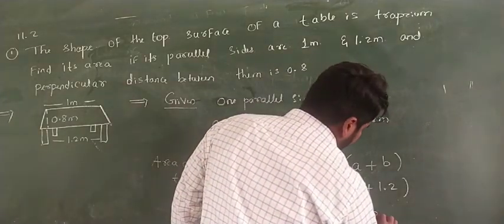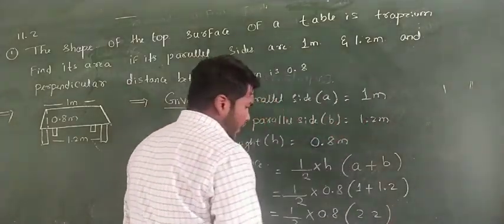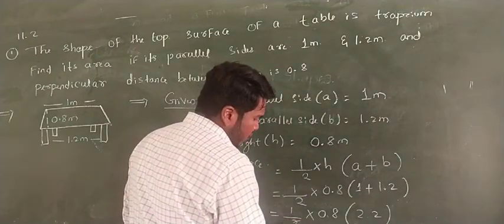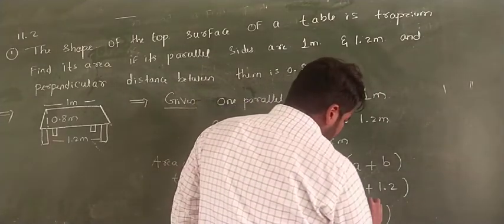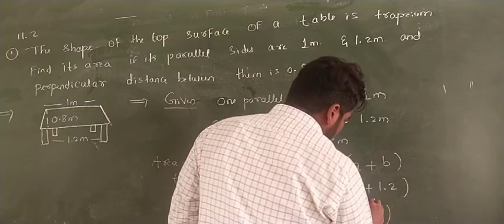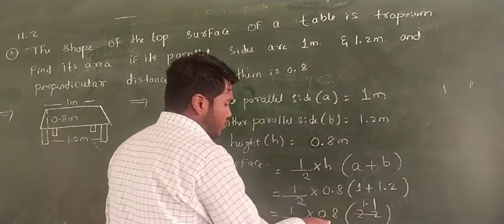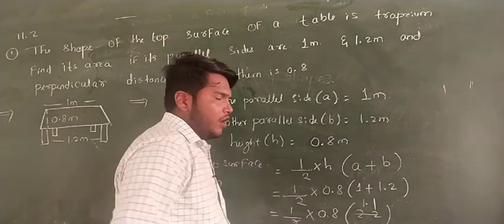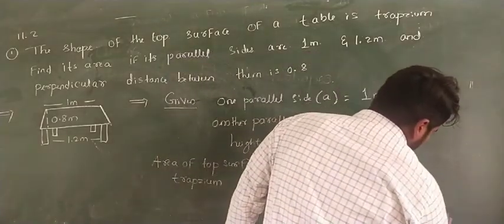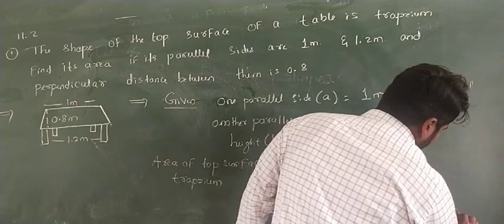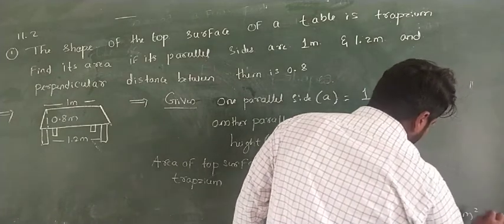So 2 ones are 2, and 2 elevens are 22. So 11 into 0.8, 11 eights are 88, and that means you can write 0.88 meter square.